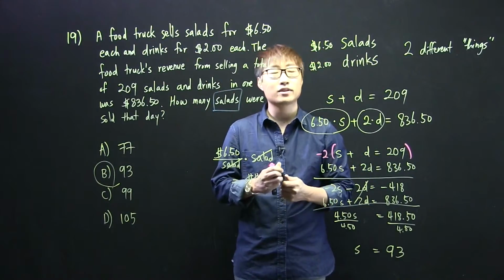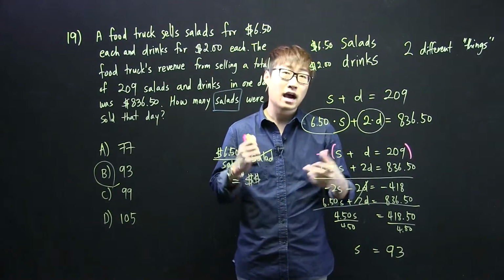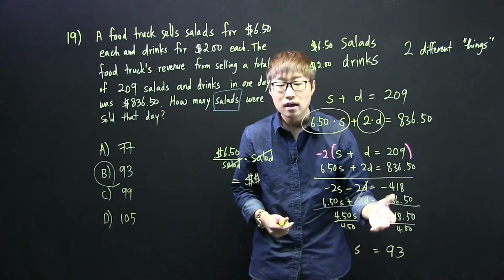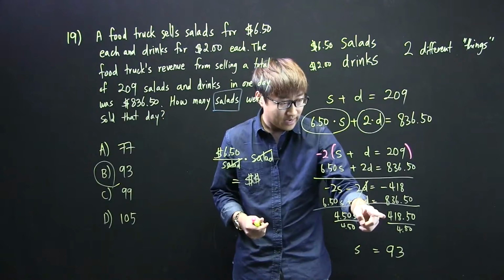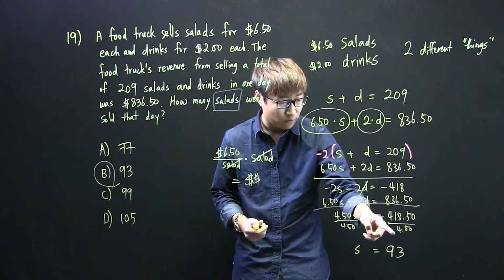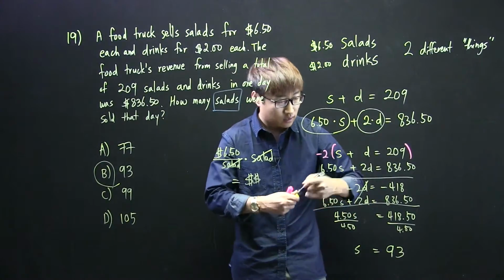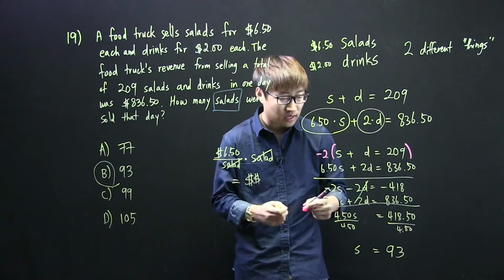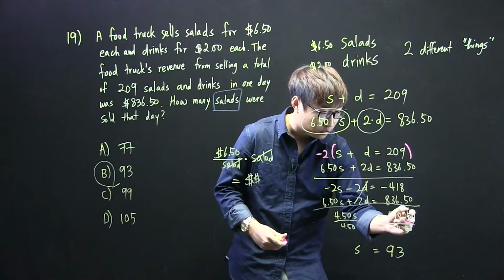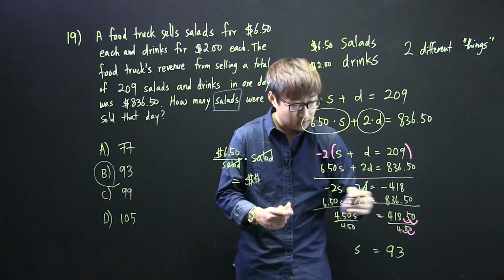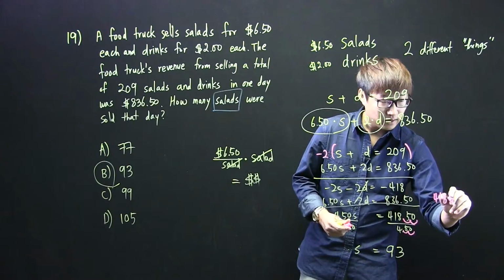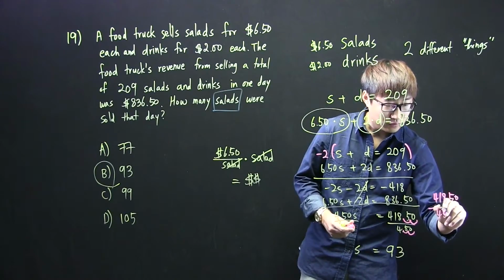Now, you might be wondering how I got that 93 and how I was able to guess it was going to be something close to 90 something. Because, well, 418.50 divided by 4.50, right? I hate to deal with decimals, so what I like to do most of the time is move the decimals for both of them to the right, and then this becomes 41850 over 450.